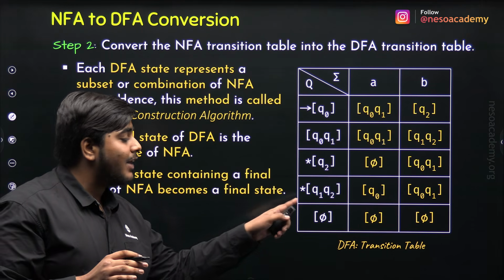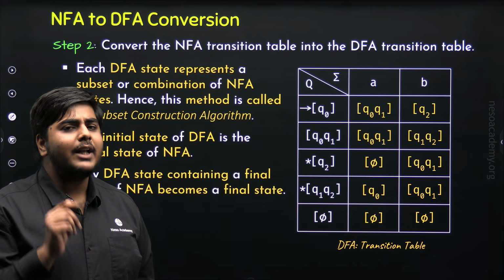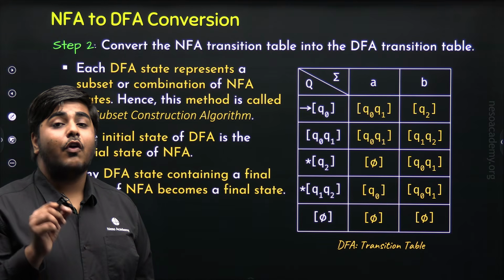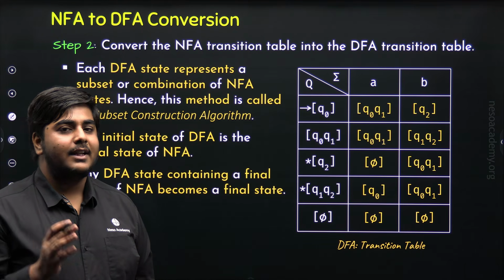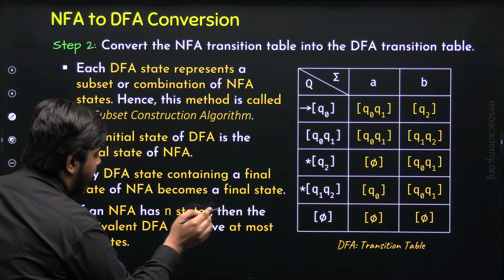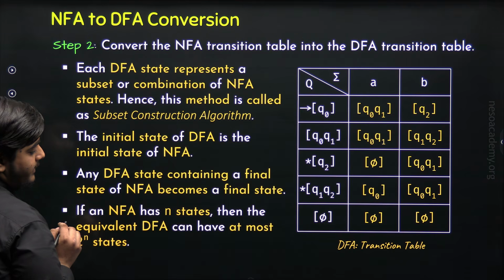Now this DFA transition table is 100% complete. Now there is one last point left to discuss, which is very important for competitive exams like GATE. If an NFA has n states, then the equivalent DFA can have at most 2 to the power n states.